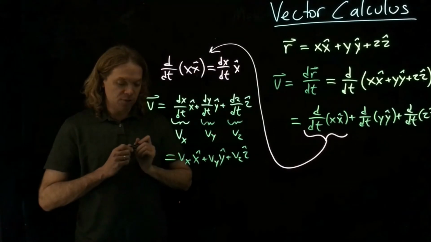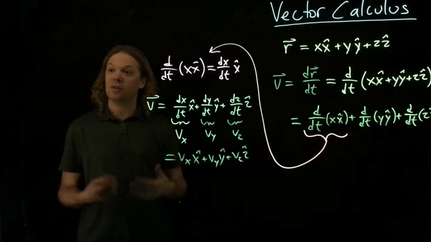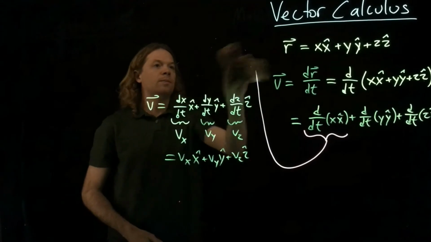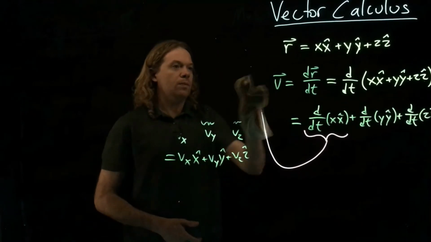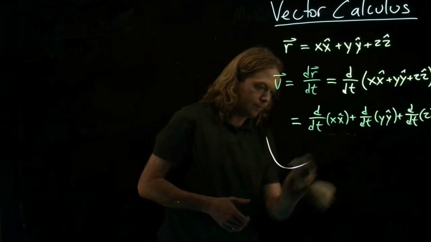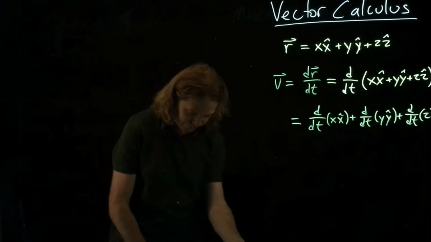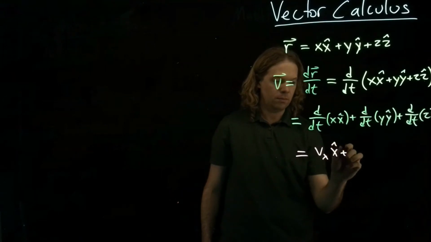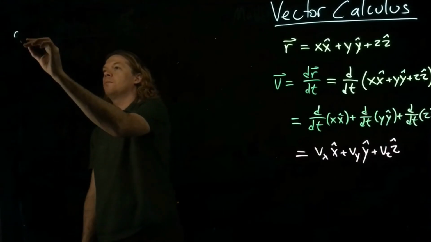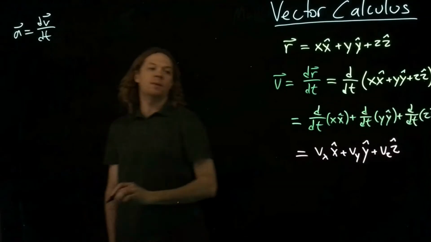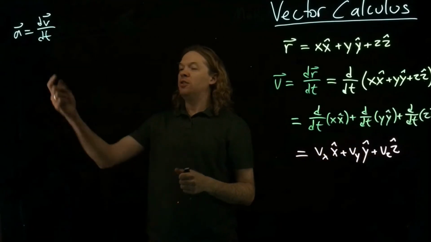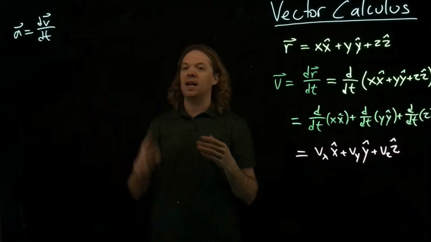The last vector we might be interested in doing this on is the acceleration. So let's just do that. So I've copied my answer right there, and now I want to calculate the acceleration vector, which is by definition just the derivative of the velocity with respect to time.